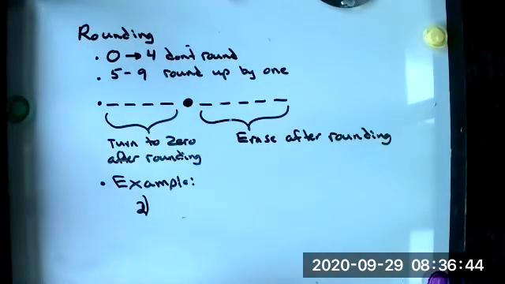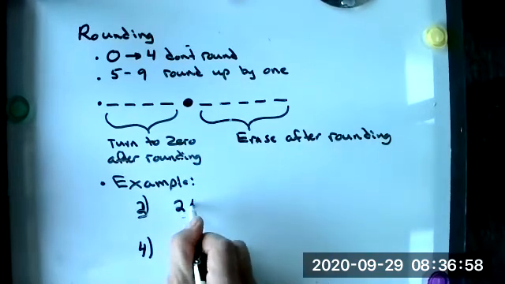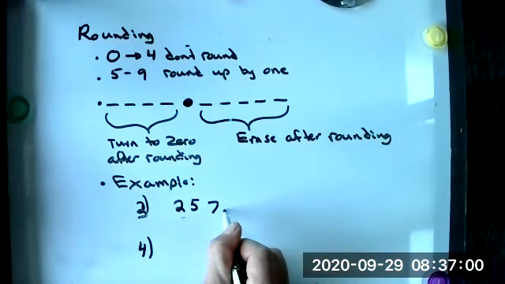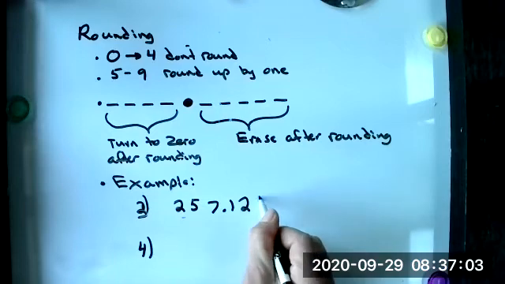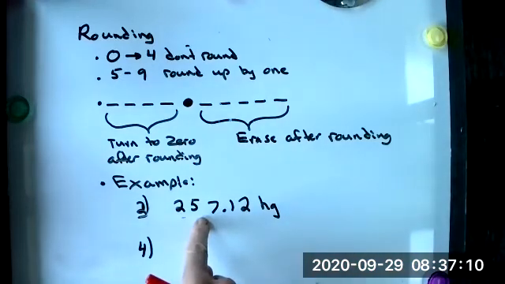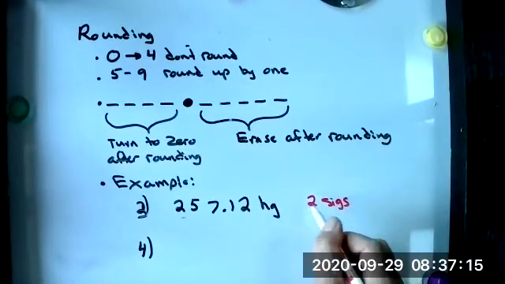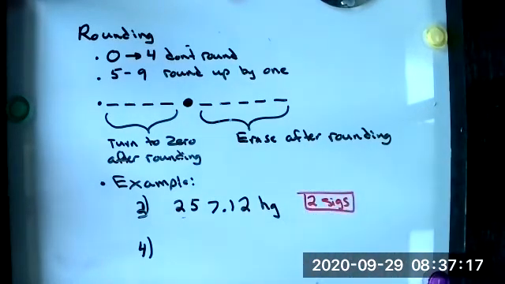So let's do this. Let's go 3, 4. Okay. I'm going to let you take over. Let's see. How about we do 257.12. Let's say it's hectograms. All right, I would like this answer turned into 2 sigs. Go ahead and get your answer for that.